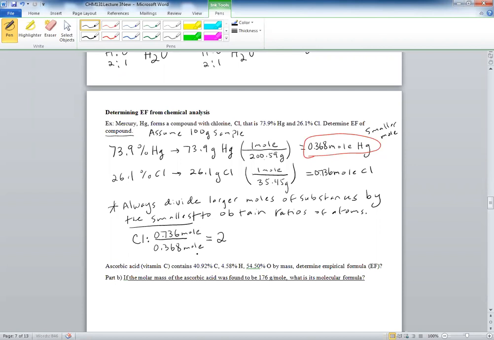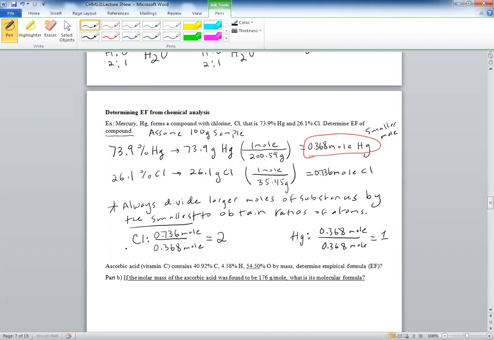Twice as many. That's how you interpret it. Twice as many chlorine atoms than what? Hg. Now, of course, traditionally, some people do that. They just divide Hg by itself. But I mean, we know any number divided by itself is a 1. But it's nice to see it.